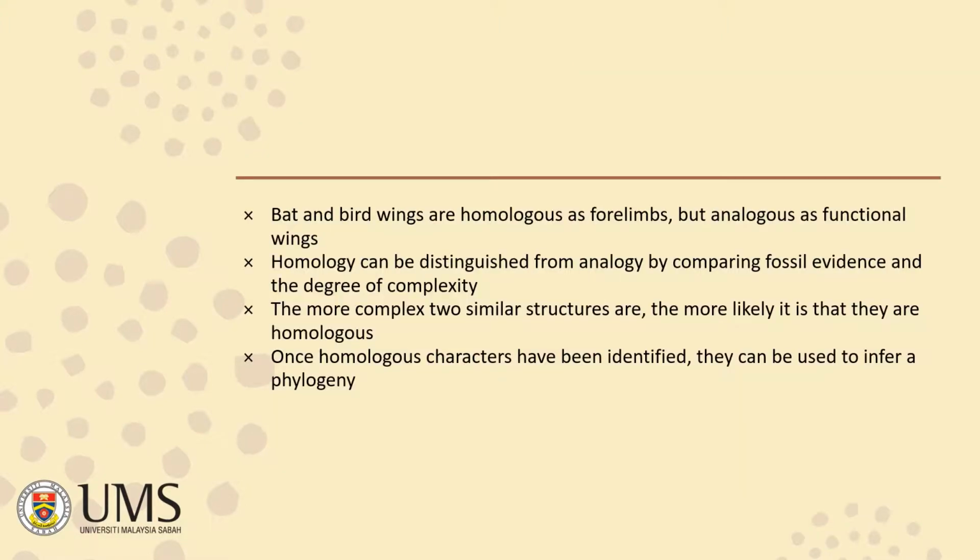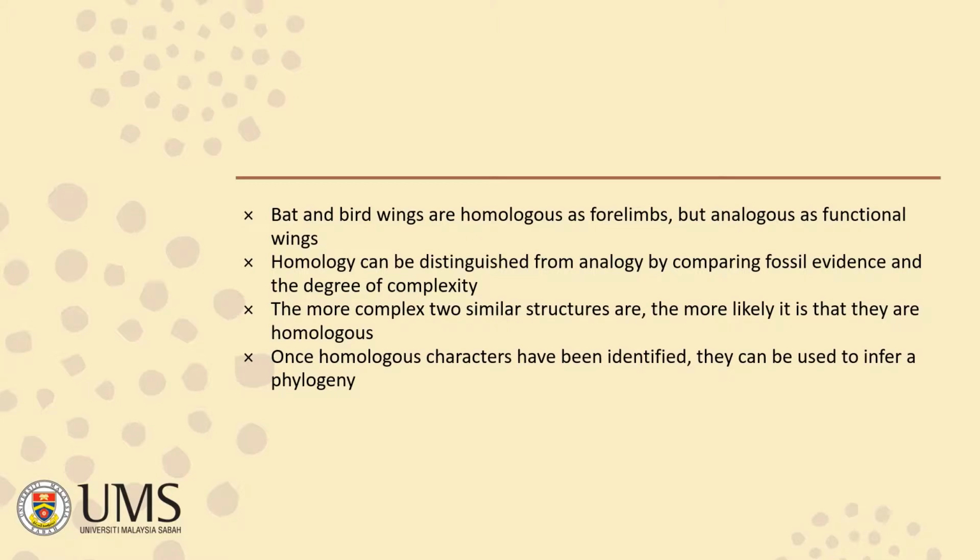Same thing with bat and bird wings. Bat is a mammal, and bird wings, for example, chicken. Chicken is a bird. They are homologous in terms of four limbs, analogous in terms of wings. But in the fossil evidence, a bat wing is not the same as a bird wing.